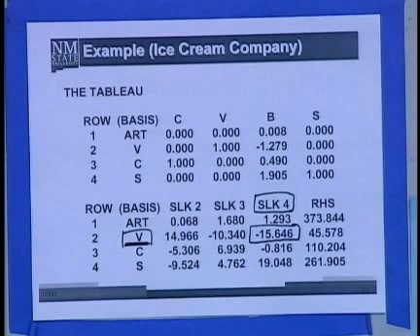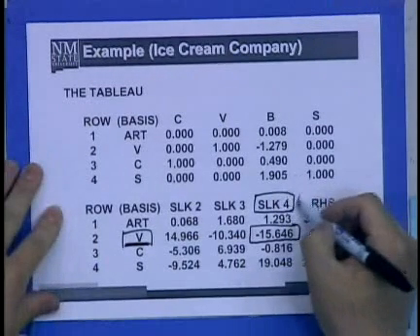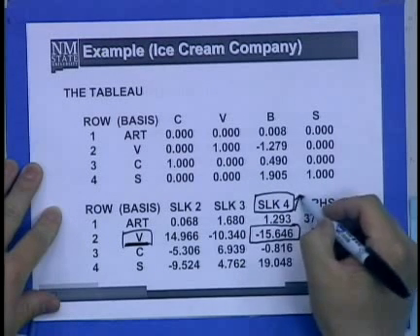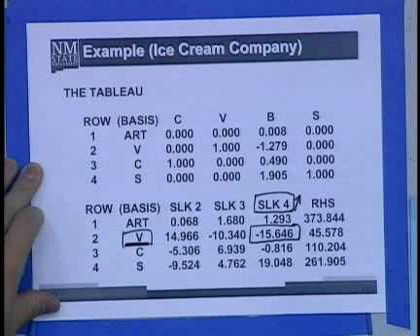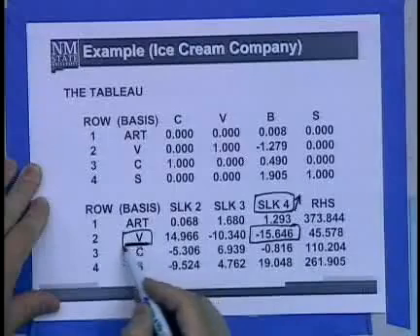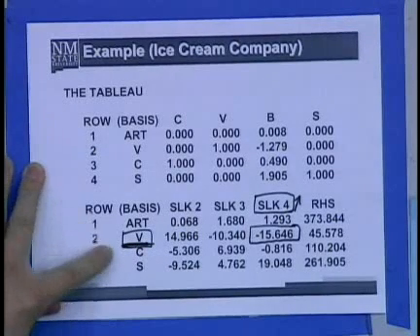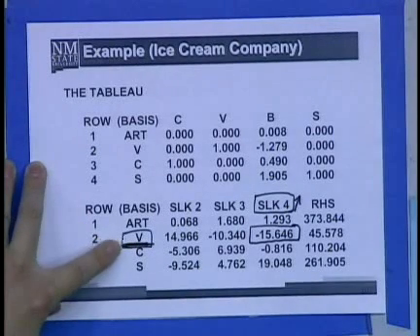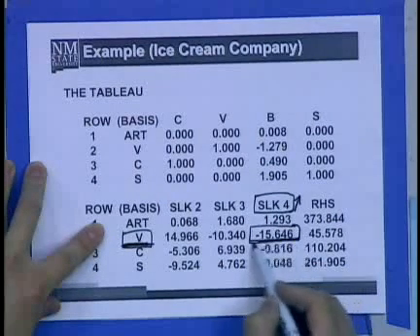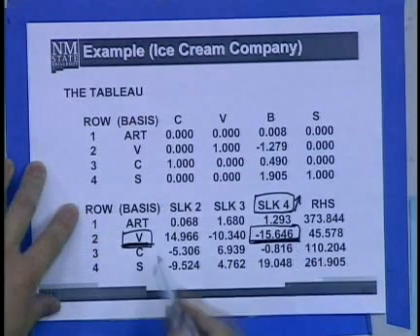So how would you conclude from this? As slack variable number 4 increases by 1 unit, the basic variable, which is v, will decrease by this much. Okay?